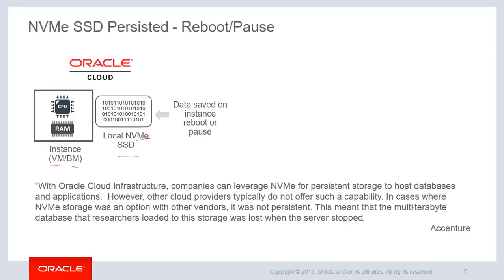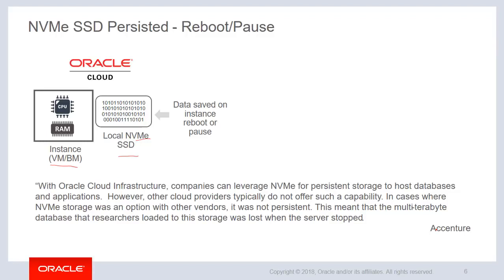And there's a nice quote here from Accenture, which says that with OCI, customers can leverage NVMe for persistent storage to host database and applications, but with other cloud providers, typically we don't get this capability.